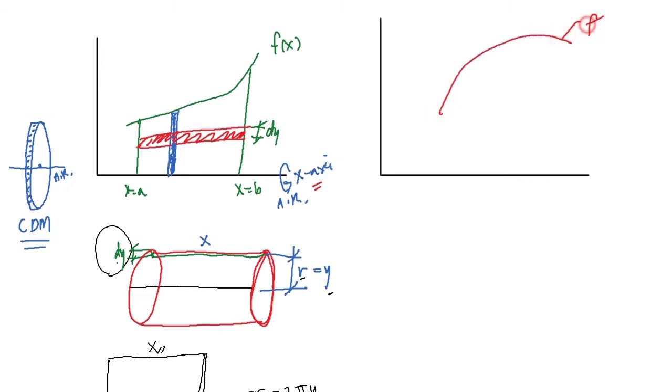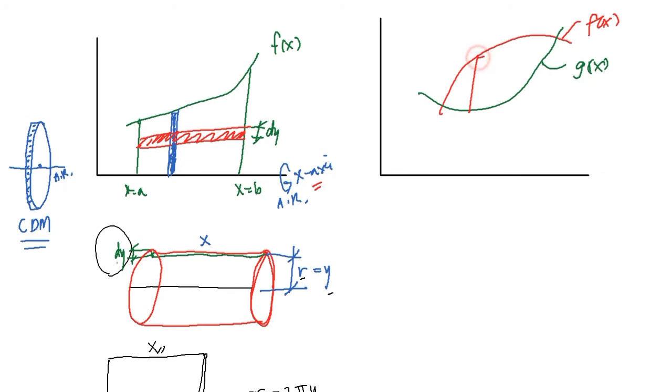So, let's say this is f of x, and this one is the function g of x. If we are going to recall sa previous topic natin, the circular washer, we are taking the vertical strip.